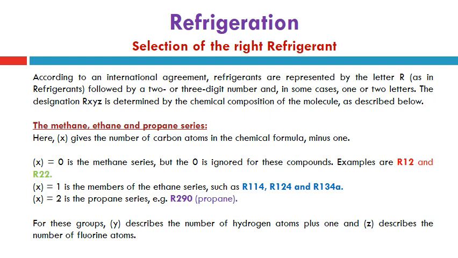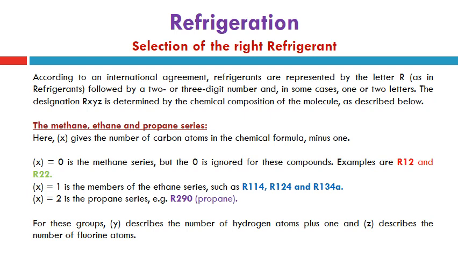If X equals 1, it is a member of the ethane series, where the number of carbon atoms is 2, so X will be 2 minus 1 equals 1. These are from the 100 series, such as R114, R124, and finally R134A.